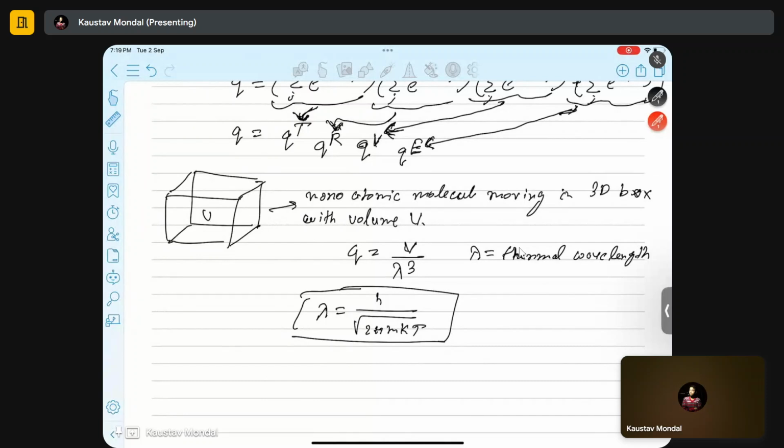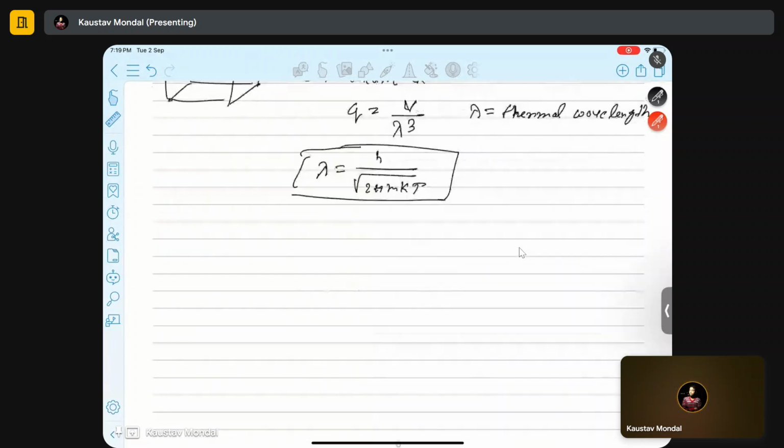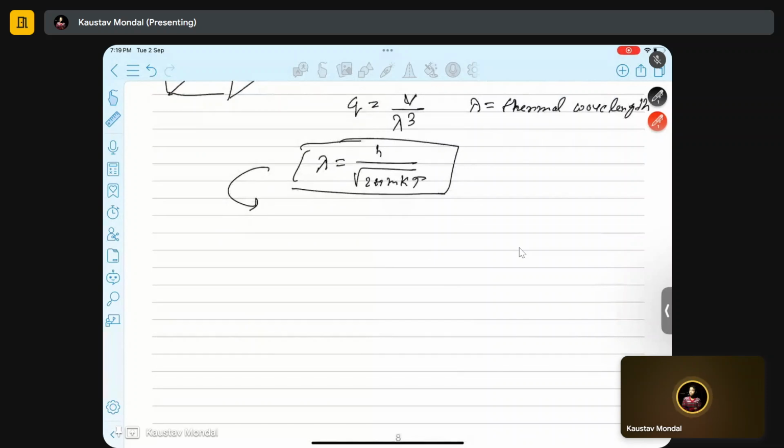Okay. So now this is only true for monoatomic cases. This translational contribution of the partition function is only applicable for monoatomic molecules, like helium, argon, this kind of molecules.